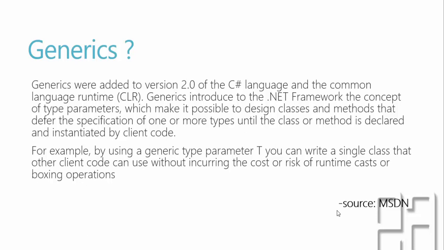But using generics, the problem of type safety is completely gone, because it will be a generic type and you can pass the type itself as a parameter. That type will never incur the cost or risk of runtime cast or boxing operation, since you are passing the type as a parameter to that particular method or class that you're going to create.